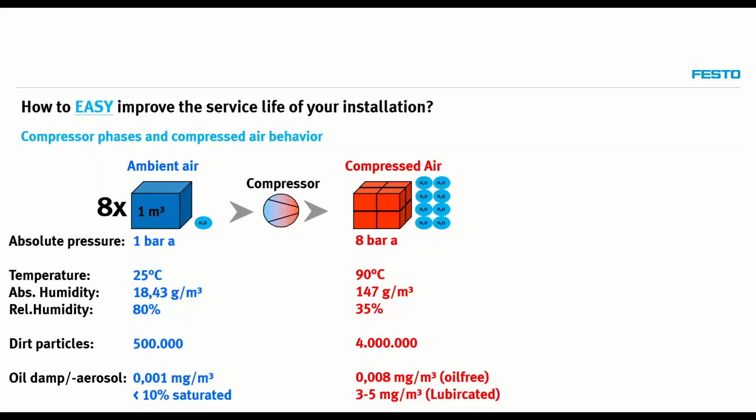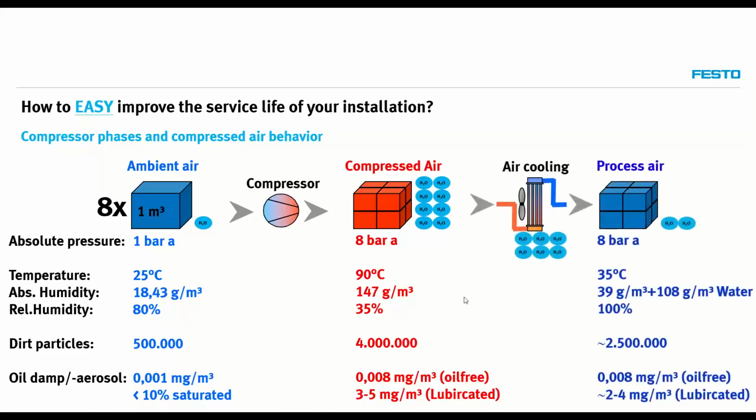What does that mean for our system? At the end of the day, the installation will have some air cooling in place. It might be an additional cooler, or even in certain cases, the pressure vessel and the piping system cause the cooling. And because the temperature will be reduced from, let's say, 90 degrees to 35 degrees, the additional water vapor present in the compressed air has to precipitate out, which means you can have a full humidity, 100% concentration of vapor.